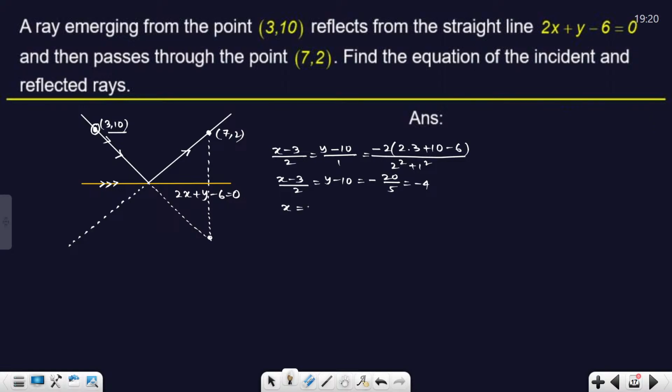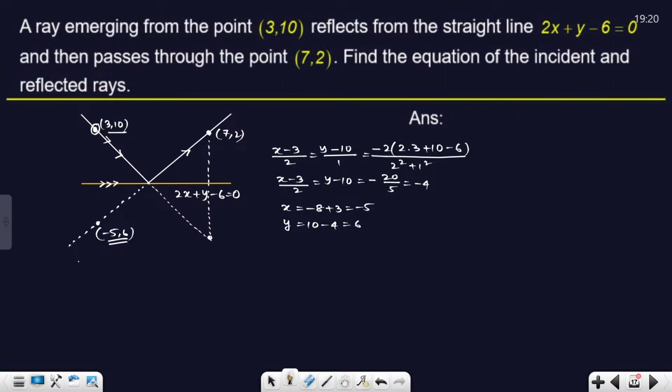So x will give us -5 and y will give us 6. Therefore, the image of the point 3, 10 is basically -5, 6.